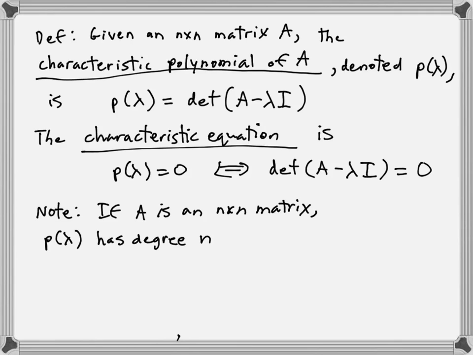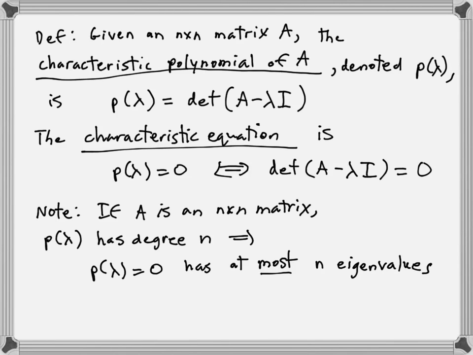What does this mean? This means that P of lambda equals 0. In other words, the characteristic equation, because it's an nth degree equation, has at most n eigenvalues.